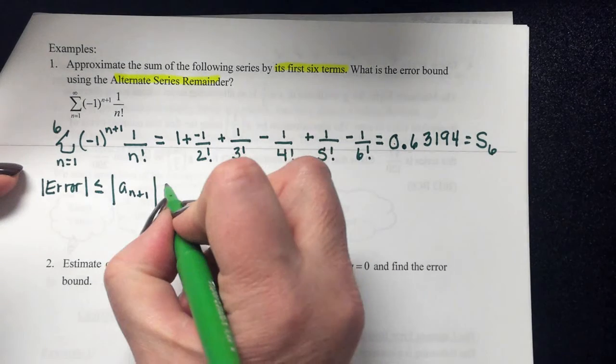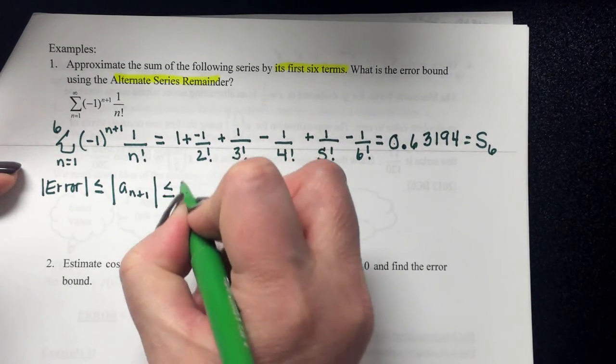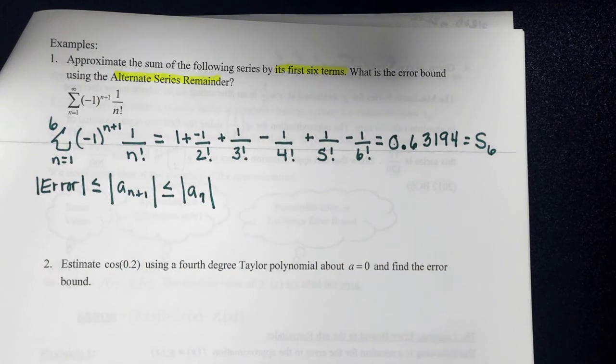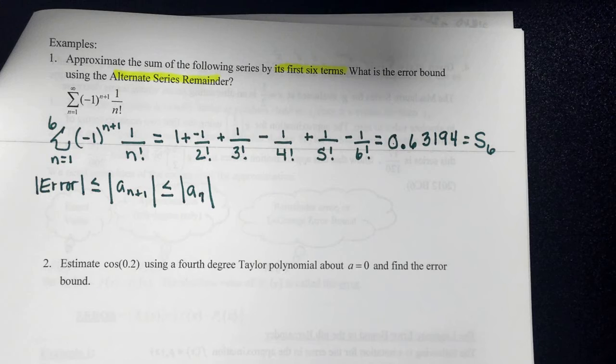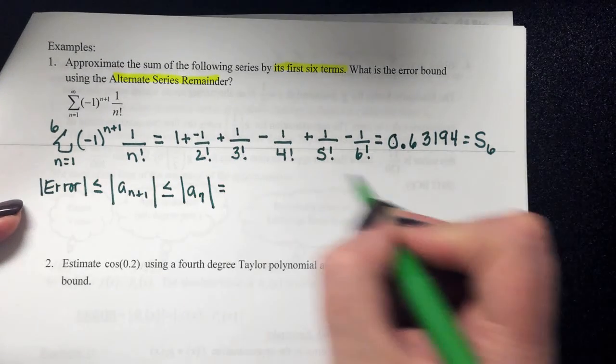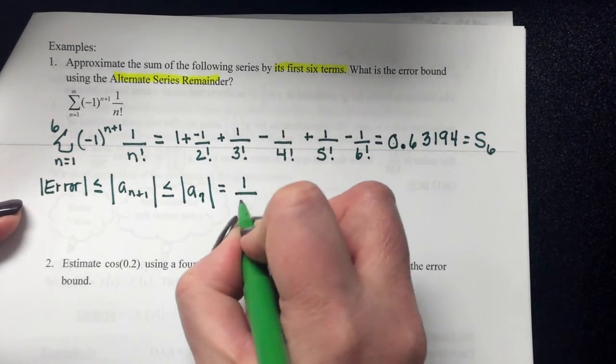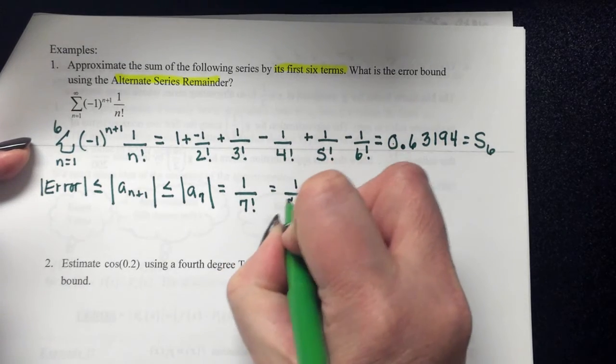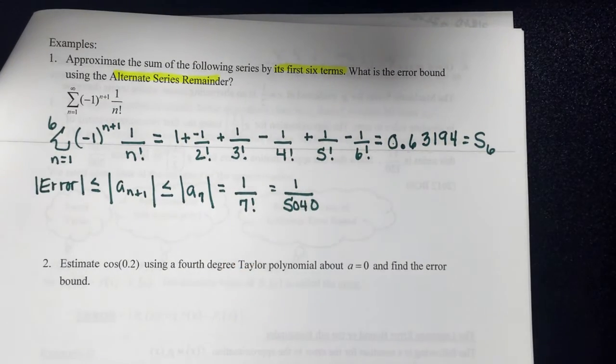That's why this error can be no more than the 7th term, because that is my first neglected term, which in this series is going to be 1 over 7 factorial. So 1 divided by 7 factorial, which is equal to 1 over 5,040.